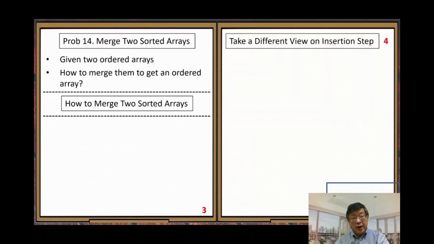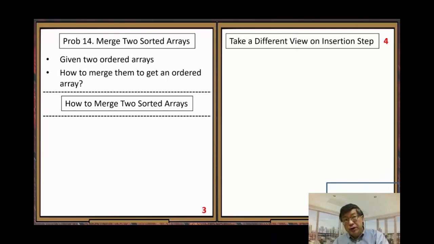Here, we have our old experience. The old experience is the insertion operation. We want to take a look at it. But when we use it, we like to take a different view on this insertion step.